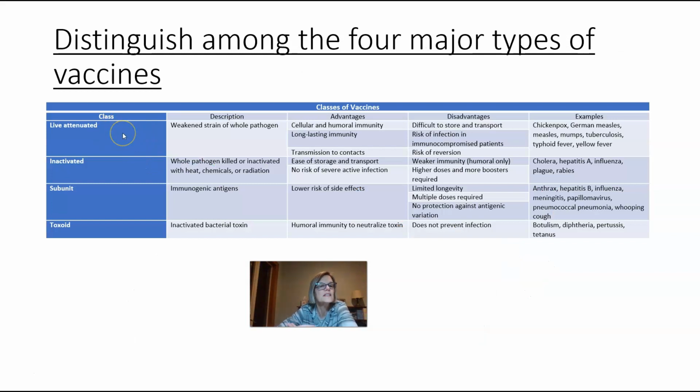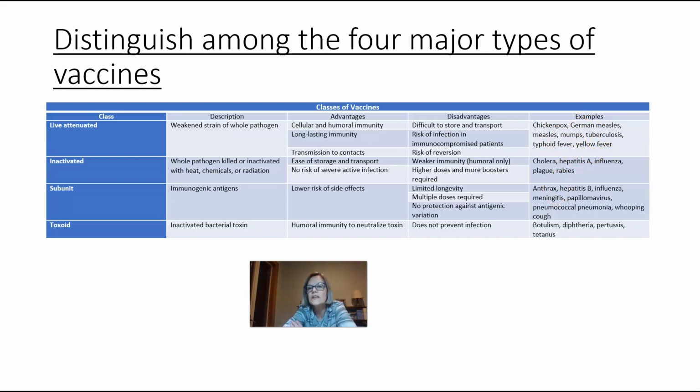And the first one is live attenuated. Now, attenuated means weakened. So what's happening when you make a live attenuated vaccine is it says a weakened strain of a whole pathogen. Here, I'll give you some examples: the chickenpox vaccine, the measles vaccine, lots of our common vaccines that we get are live attenuated.